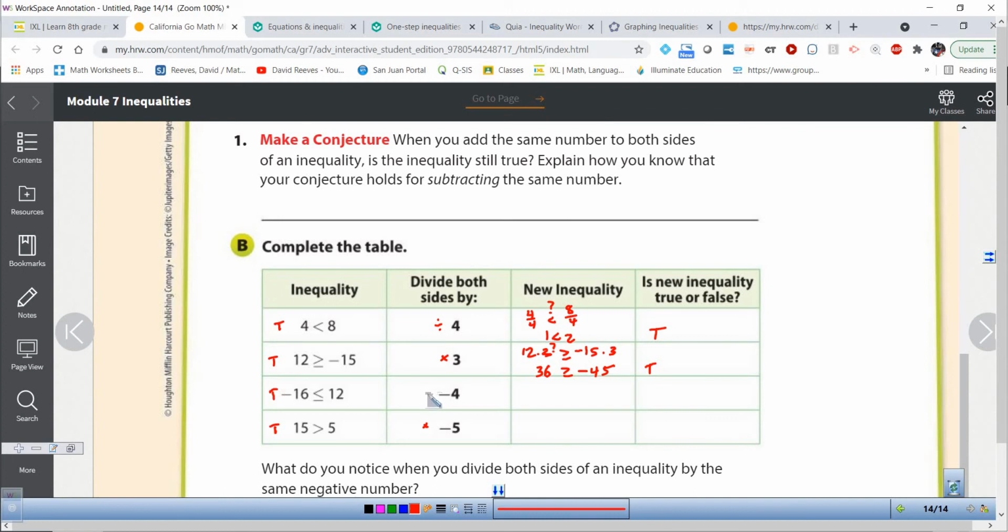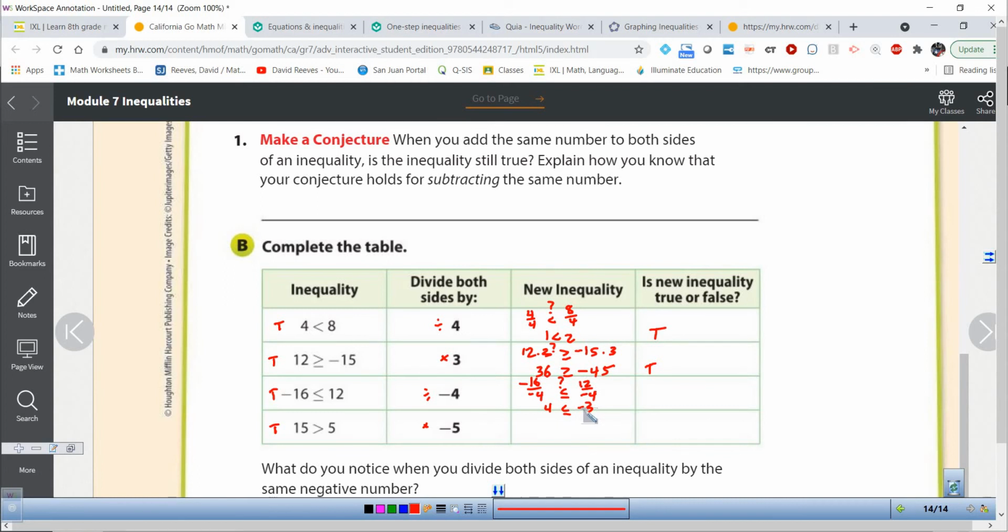What about if I divide by -4? You're probably thinking, come on, Mr. Reeves, they're all staying true. Just tell us they all stay true. Is -16 divided by -4 indeed less than or equal to 12 divided by -4? Well, -16 divided by -4 is 4, and 12 divided by -4 is -3.